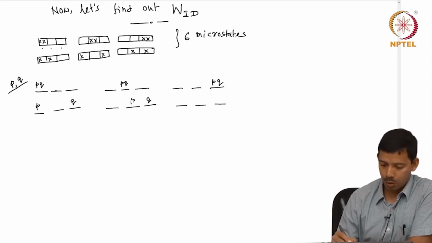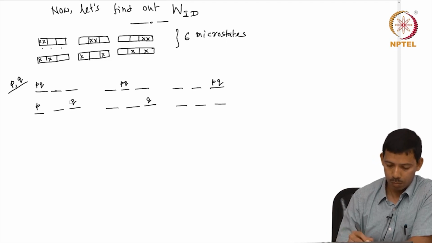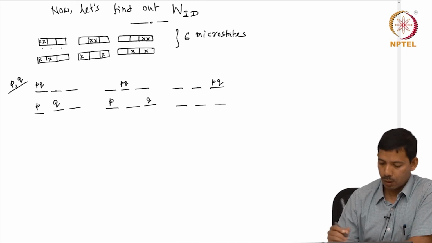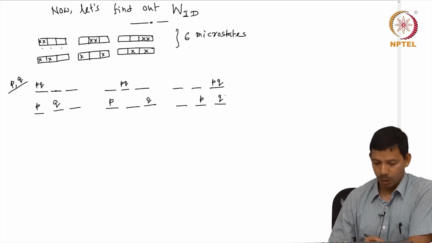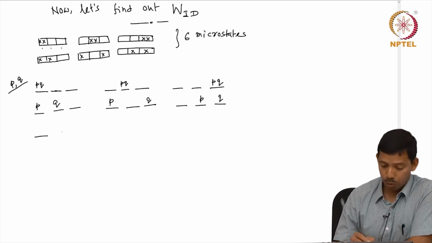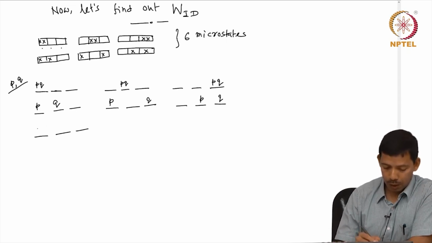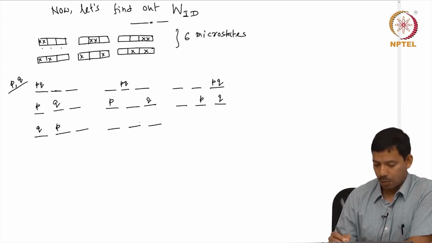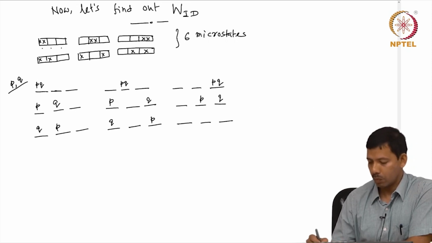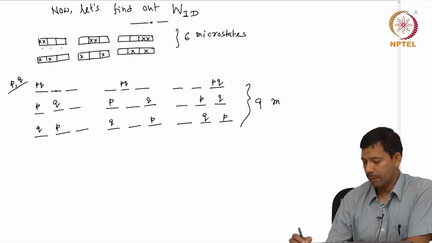I put Q here, P here, Q here, and P here, Q here. But we have 3 more possibilities where I can exchange P and Q. So here we got 9 microstates.